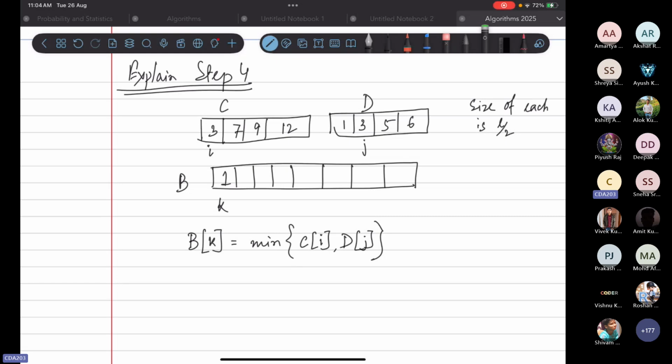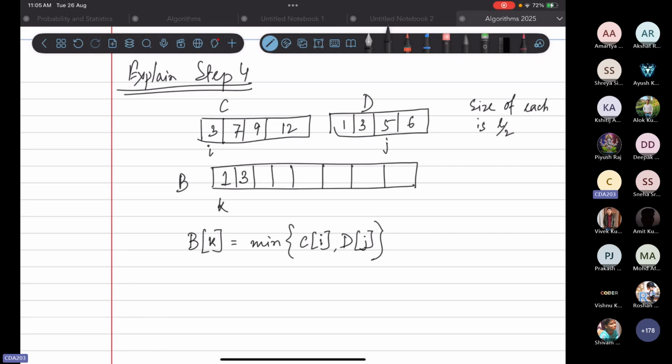Let's assume that I'm taking this 3 from this D array. I'll have 3 here, and since this element is coming from the D array, I'll increase the index of J.